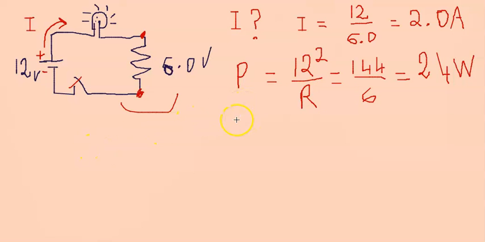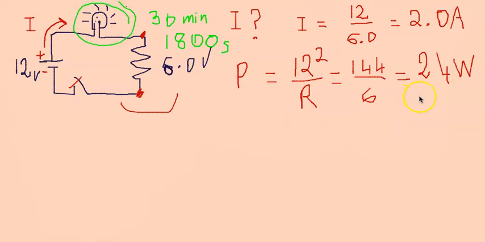Now let's say that we want to have the light on for 30 minutes, half an hour. We have to convert 30 minutes into seconds, so that would be 1800 seconds.